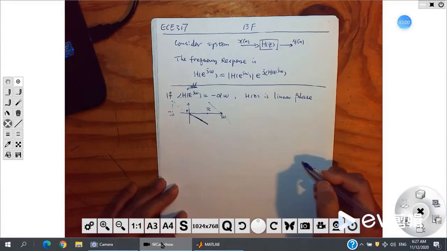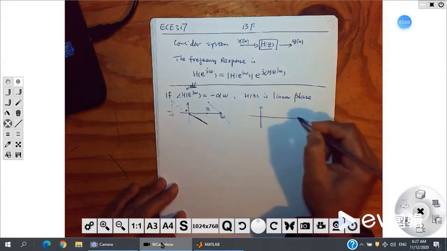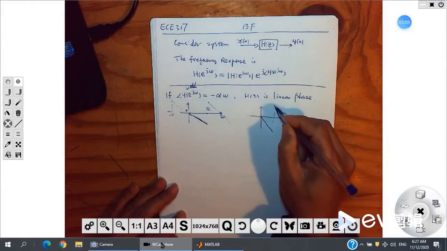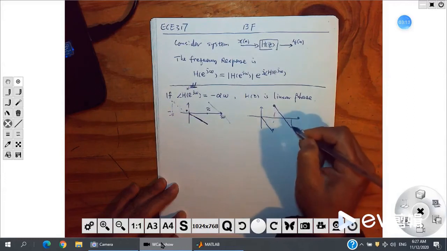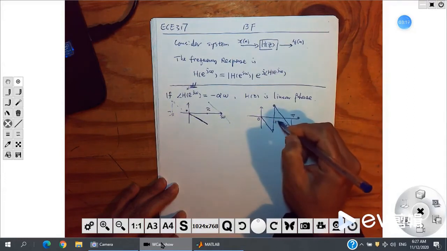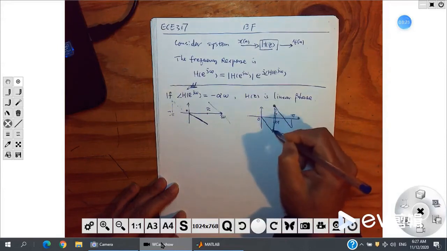And sometimes maybe the graph looks like this. Suppose this is 0, this is pi. The distance from this point to this point should be 2 pi.